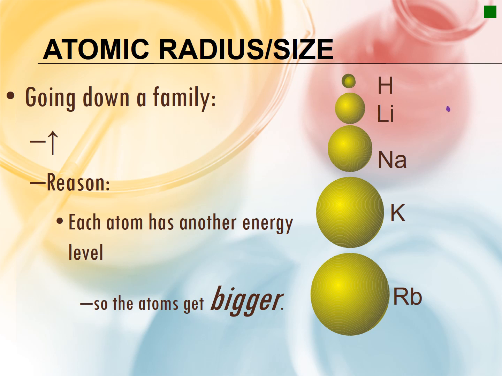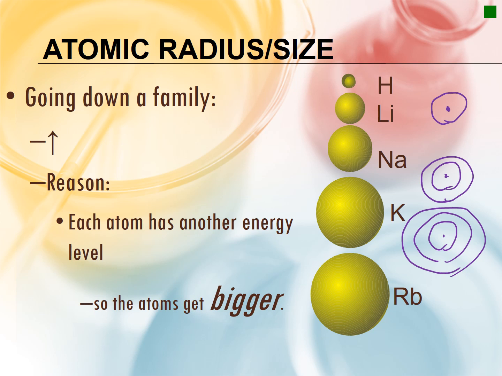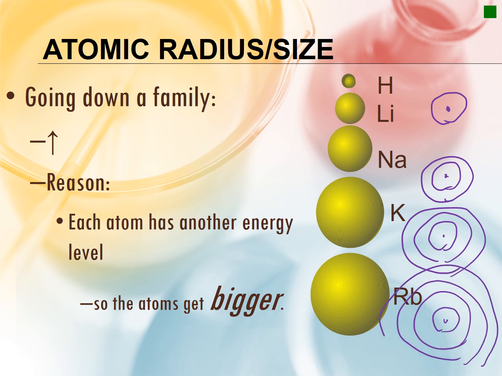Well, you're adding energy levels. So when you add energy levels, what happens to where those outermost electrons are located? They get further and further away, which means the atomic radius becomes larger and larger. So as you go down a family, it increases in size.